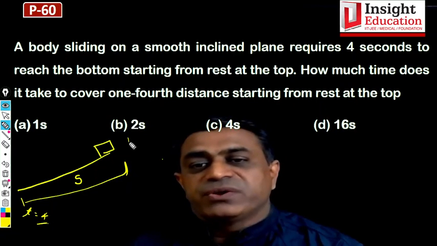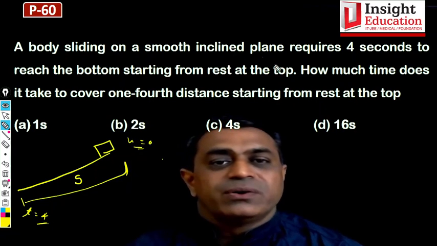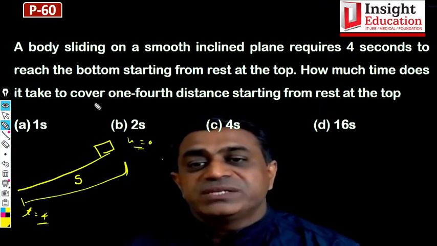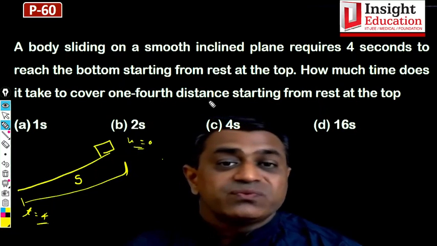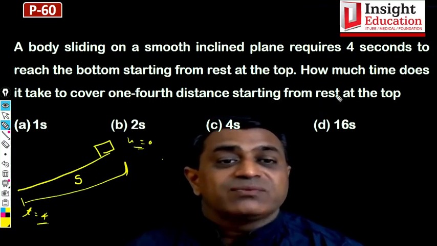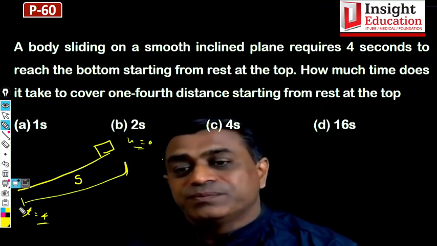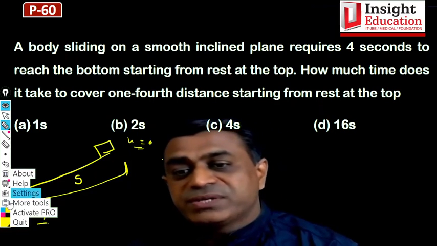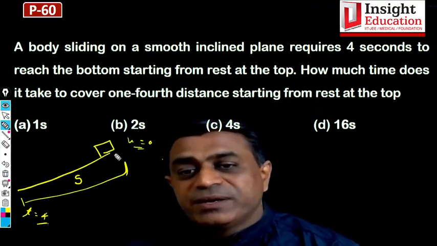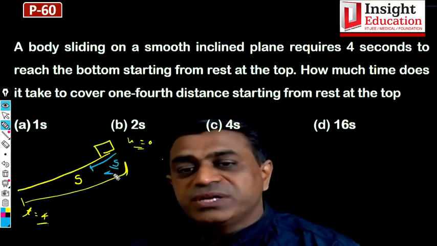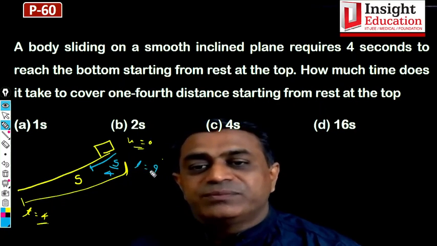Starting from rest, the initial velocity is 0. How much time does it take to cover 1/4 of the distance, starting from rest at the top? When we start the motion from the same point, how much time will it take to cover 1/4 distance? So find out time t.